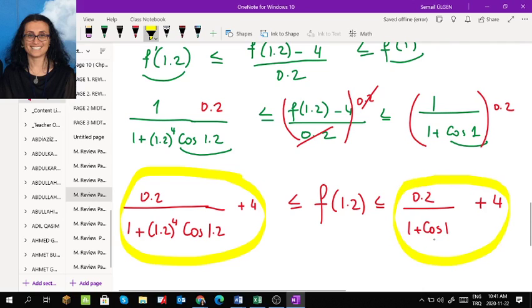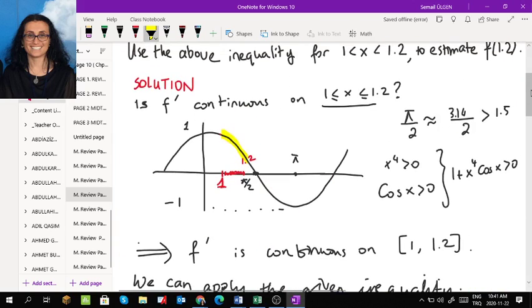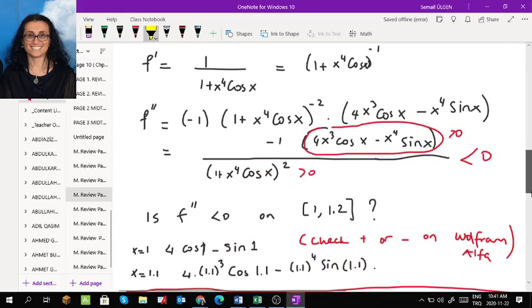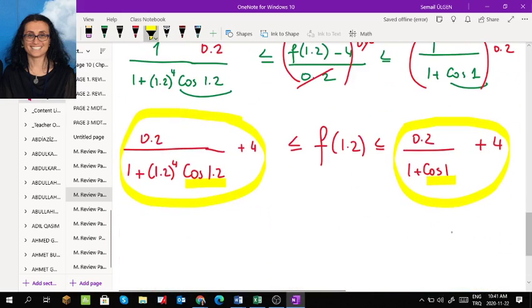We can use Wolfram Alpha to find cosine 1 and cosine 1.2, but I'm going to leave it at that. Going back to the original question, the estimate of f(1.2) is between these two values. All right, so I'm just going to write done.